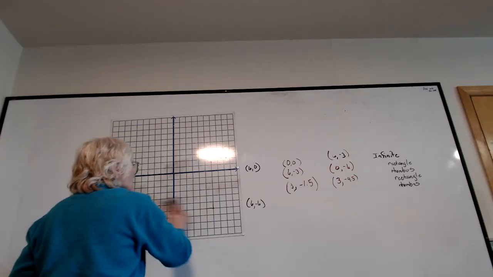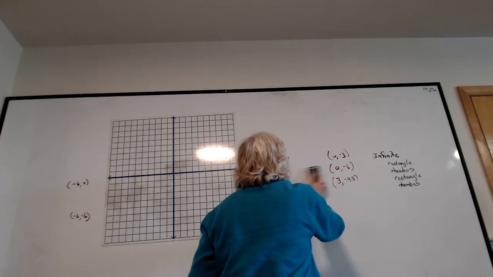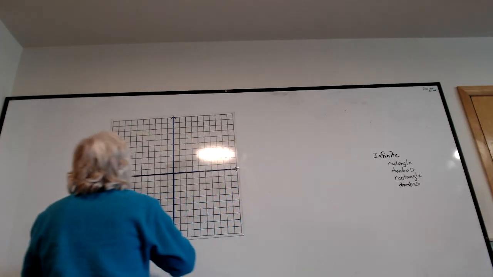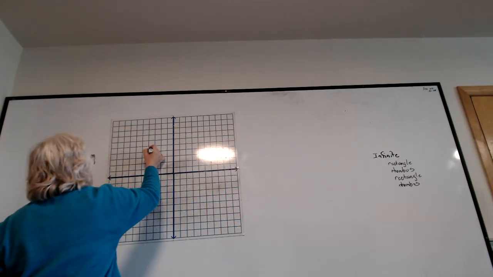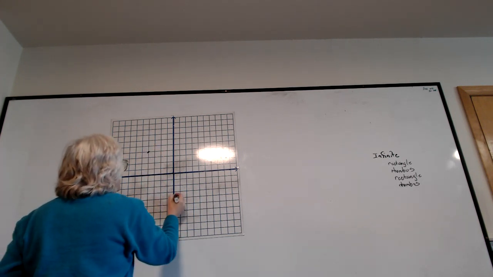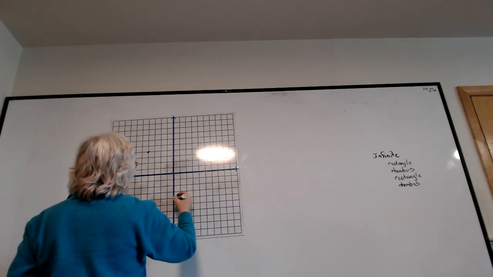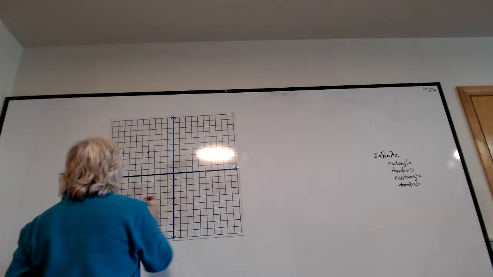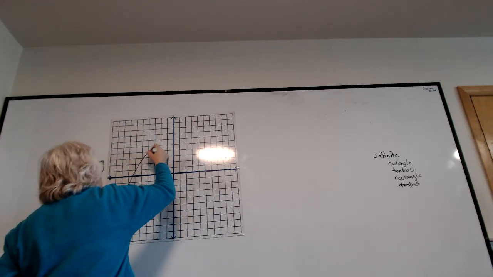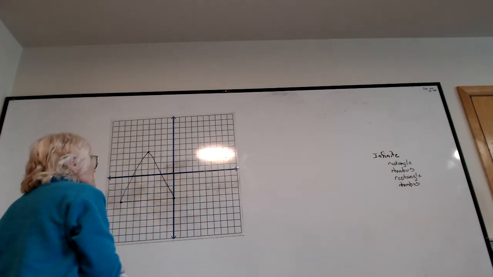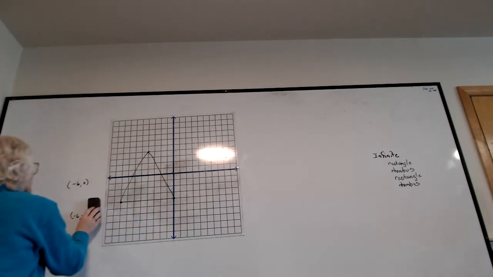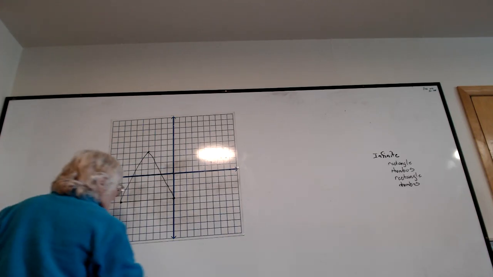On here, we already showed it's half. Let's do a triangle. We're going to do this triangle here, an isosceles triangle. On this isosceles triangle, it's hard to see that black, isn't it? Let me write it.